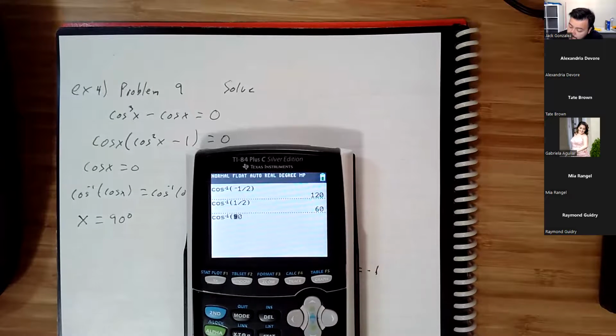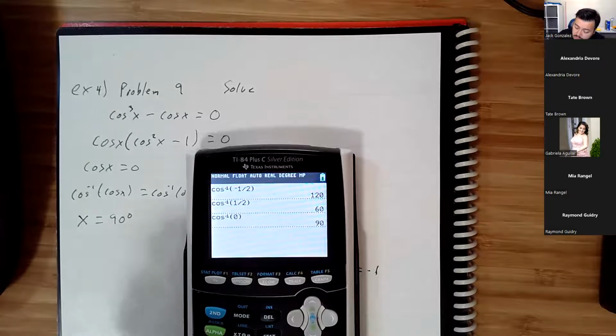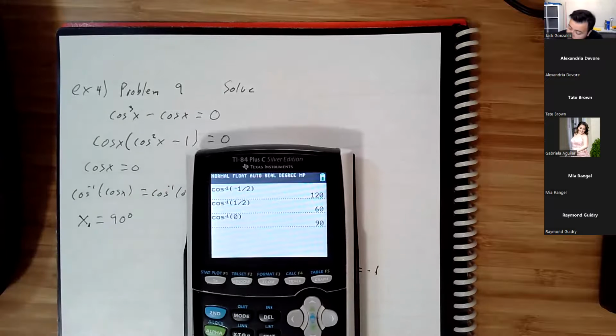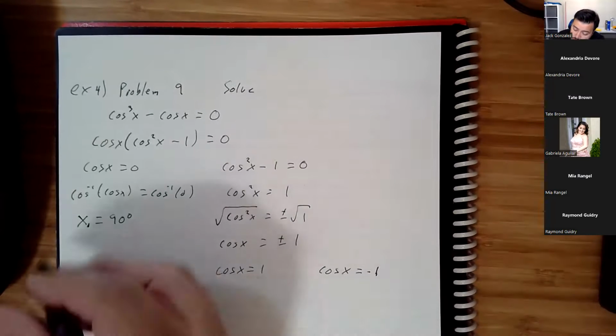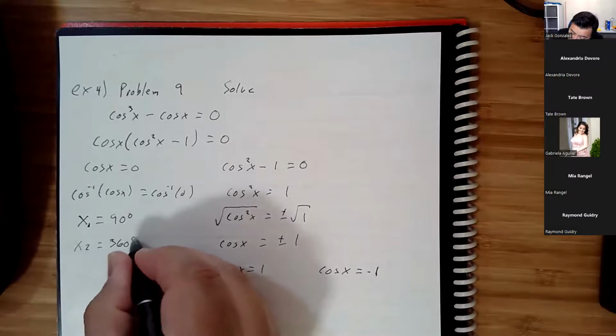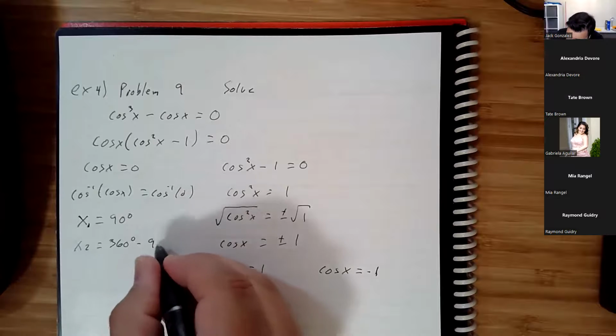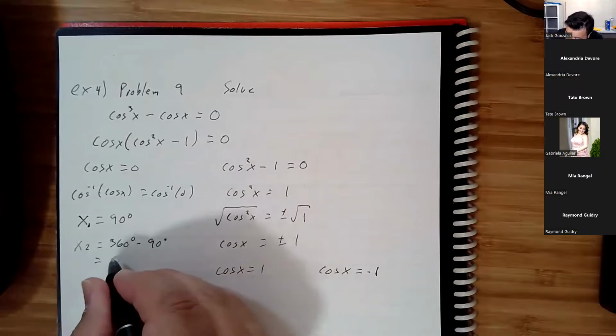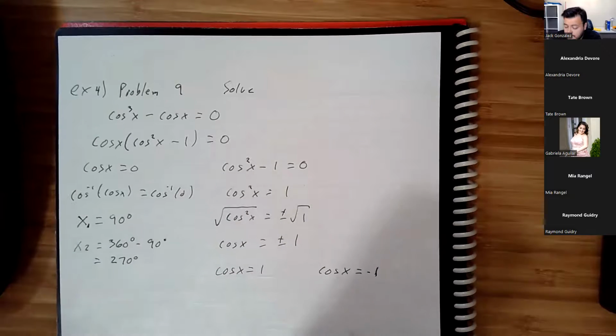Oops. Yeah. And then we said to get the other one, right? That's the first one. Do 360 minus 90, which is 270 degrees. So there's my 2 answers.